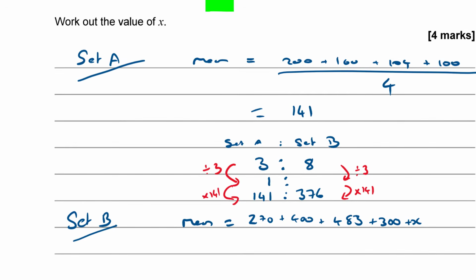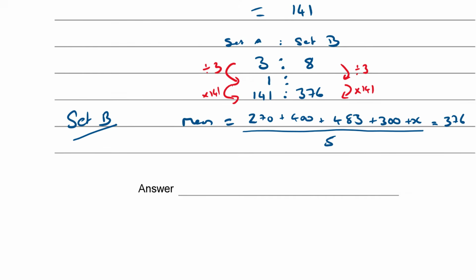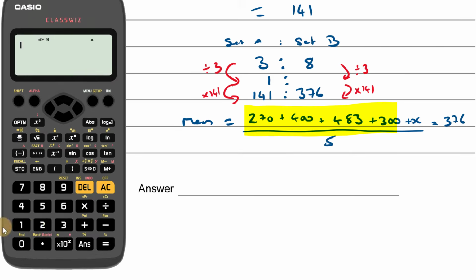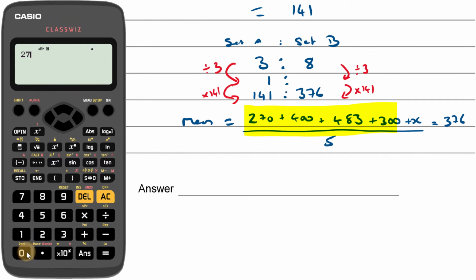Then to find the mean, we would divide all that by 5, wouldn't we? But we know that that already is equal to 376. Okay? So what we're going to do here, I'm going to add up the numbers on the top to collect like terms together. So 270 plus 400 plus 483 plus 300.